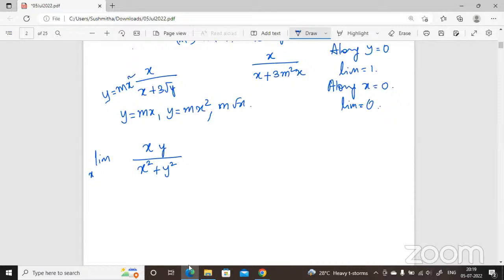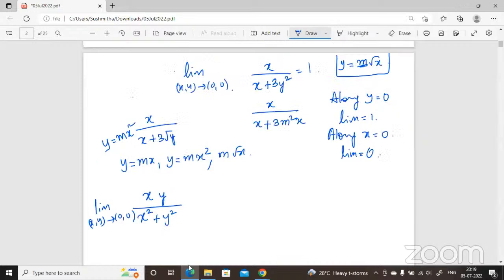Sorry to interrupt. Can you please explain how we decide whether to take y equal to mx or y equal to mx square? So here, if I can make all the terms, like I have an x here, if I can somehow make this term also something into x, then I can take x common and cancel out, right?